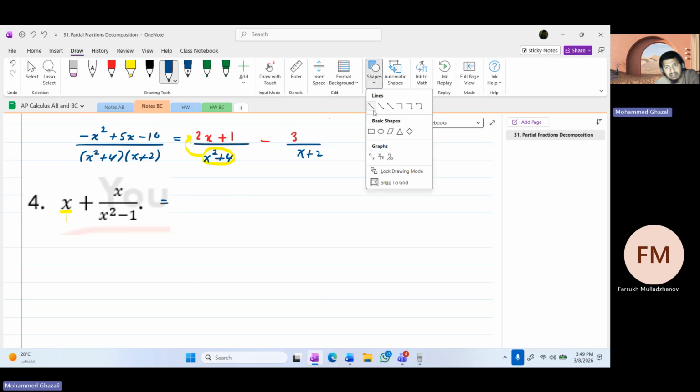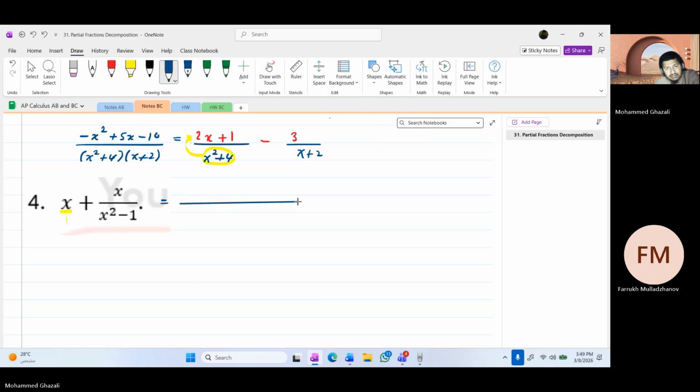So now my LCD will be x into x squared minus 1 plus x divided by x squared minus 1. So what do we have on top? x cubed, that's minus x cubed. Okay, I'm going to change this question, right? So I'm going to make it x plus 1.